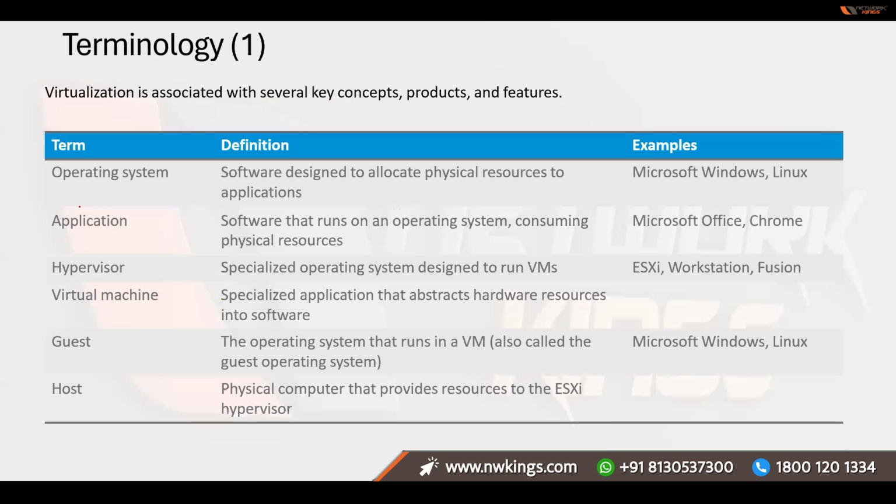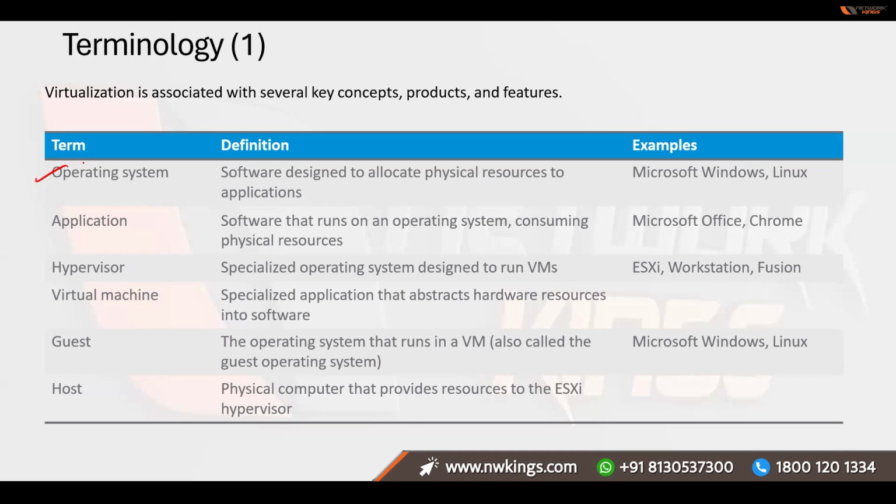Okay, so guys, I believe you might be aware of the terminology we are going to explore right now. That is the operating system. The operating system is something which allocates your physical resources to the applications, meaning your hardware like CPU, memory, hard disk, network, storage.